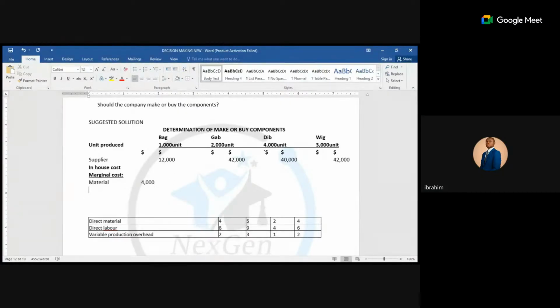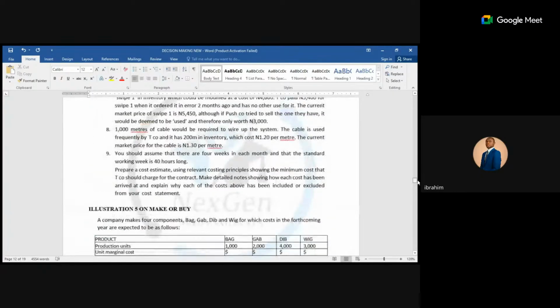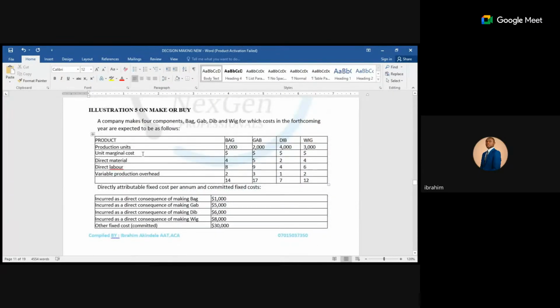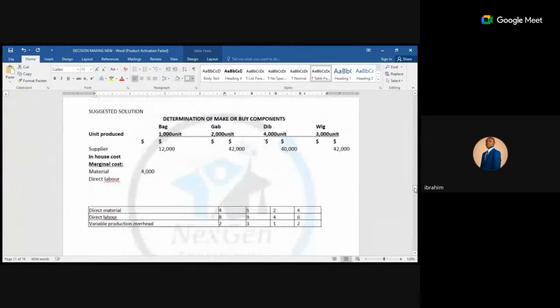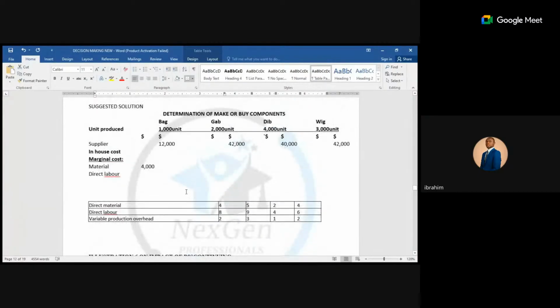We have the direct labor, class. The cost given to us is per unit. That is why it was stated as unit marginal cost. So what do I have? Oh, we are not done with this now.